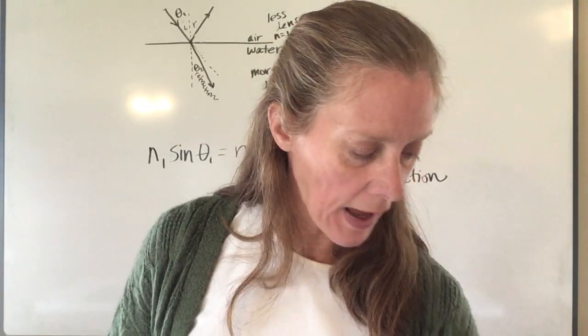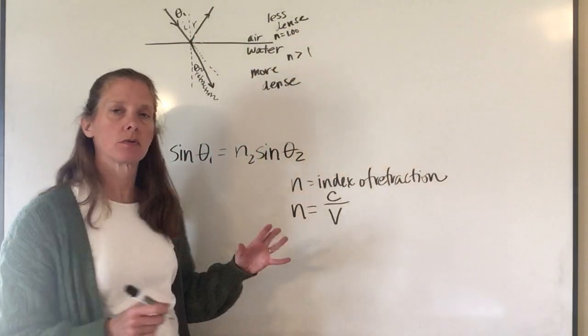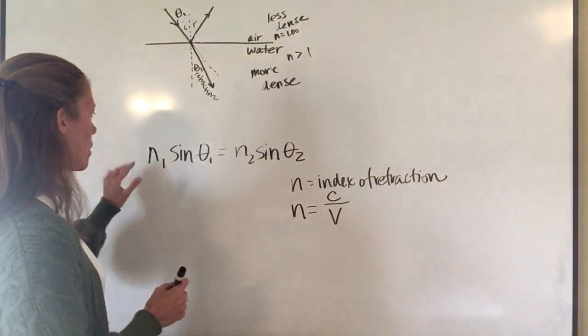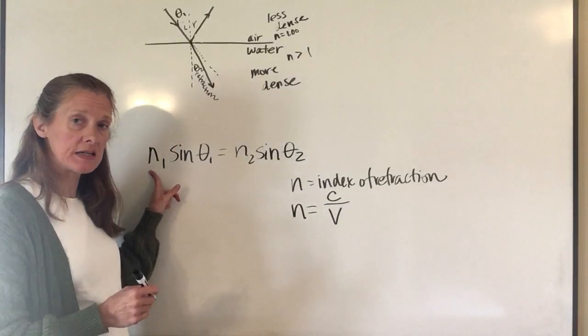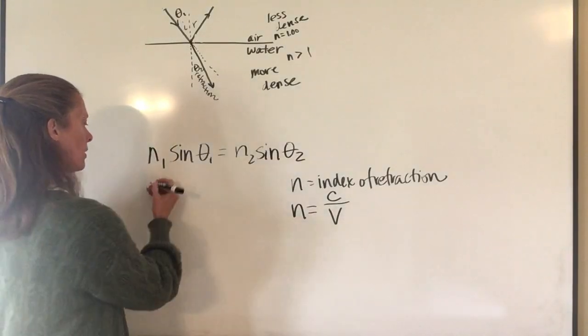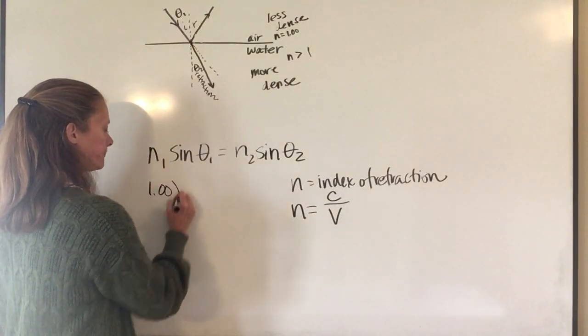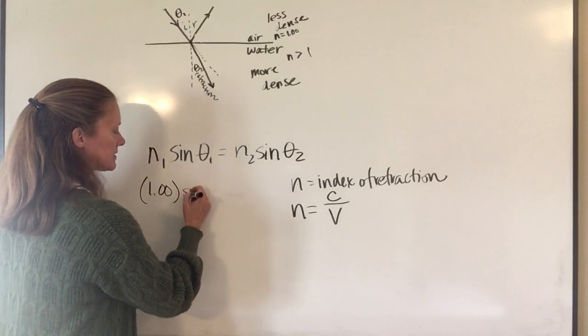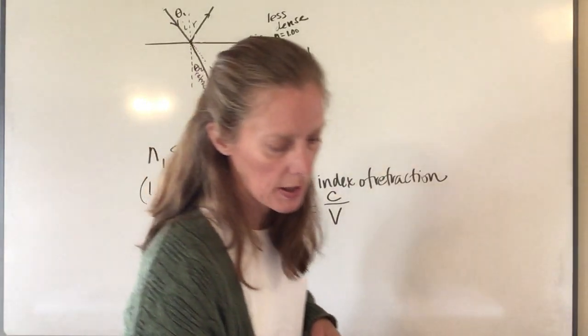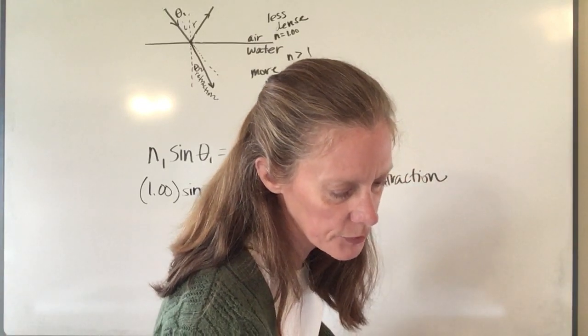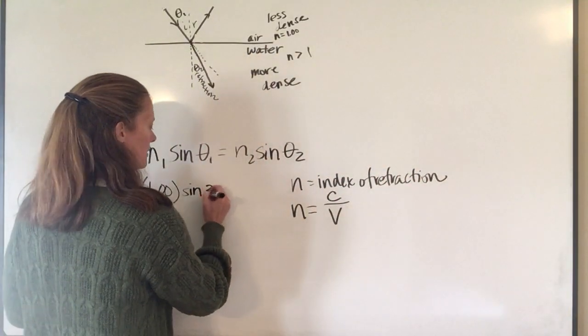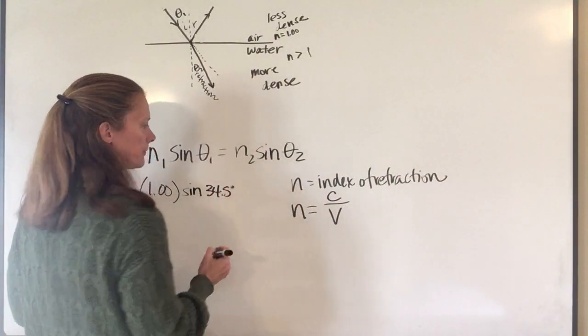So since the light ray originates in air, n sub 1 is the index of refraction of air, which is 1.00. And then it says the incident angle is 34.5 degrees. So 34.5 degrees goes here.